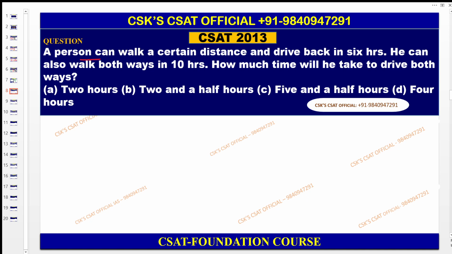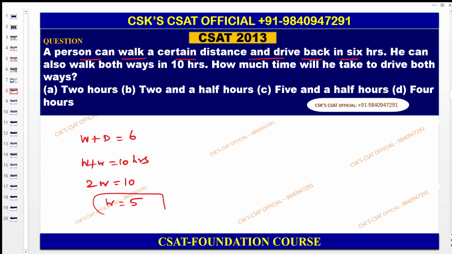A person can walk a certain distance and drive back in 6 hours. Walk plus drive back in 6 hours. He can also walk both ways in 10 hours. So therefore 2w is equal to 10, w is equal to 5 hours. How much time will he take driving both sides? d is equal to what?